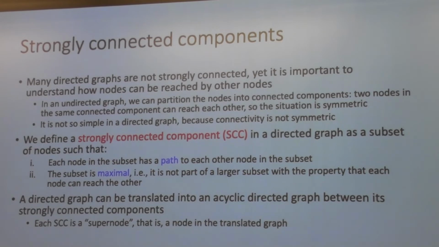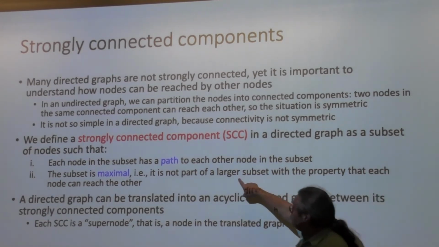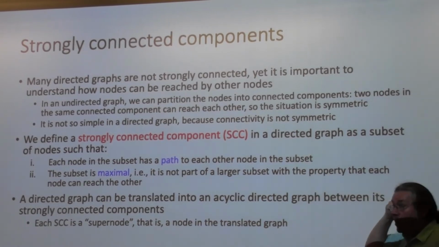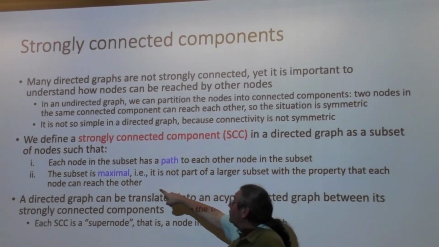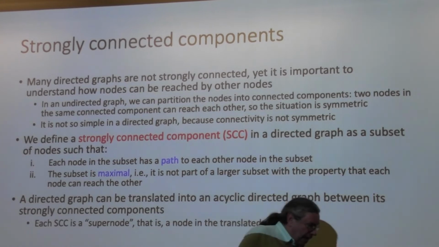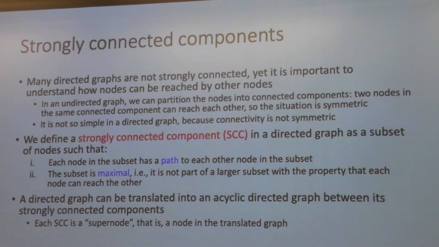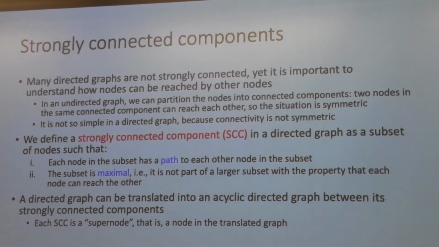So this is a standard term. And there are two conditions. Every node in this subset has a path to every other node, and the subset is maximal. That means you cannot add more nodes from the graph and keep the same property. Okay? So it's a maximal subset that has that property.